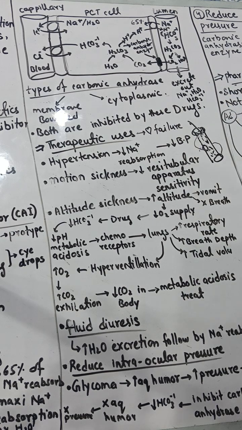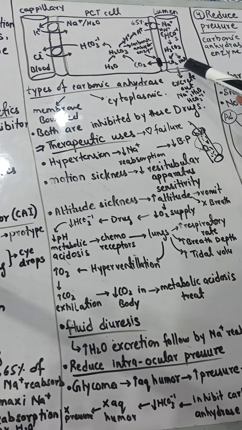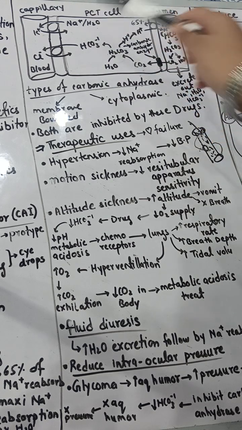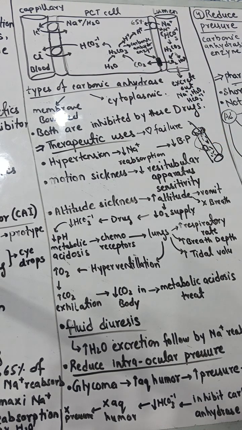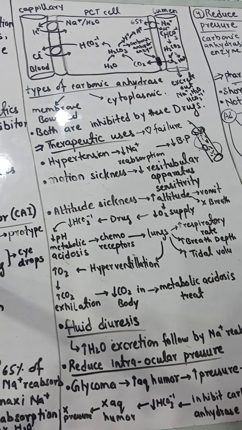Now carbon dioxide can diffuse easily through the membrane. It doesn't need any kind of proton pump. Yes, it needs an enzyme for its diffusion, and this enzyme is called carbonic anhydrase. So it helps the carbon dioxide move into this cell. After moving into the cell, it combines with the water already present in that cell.